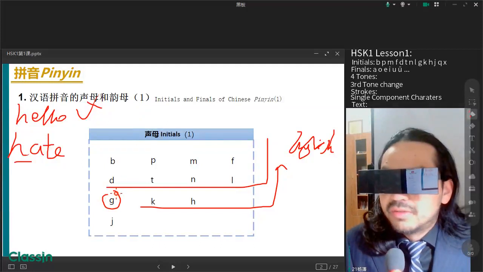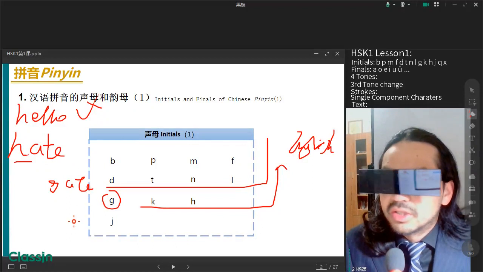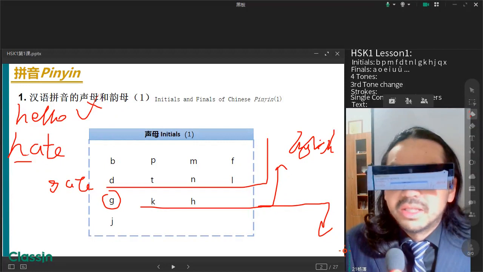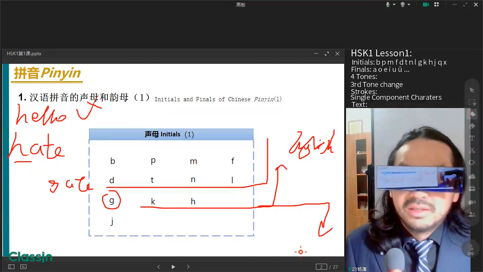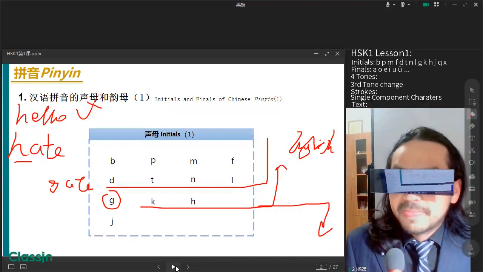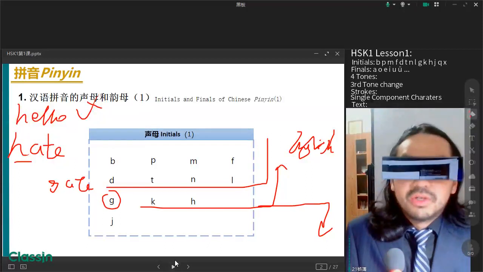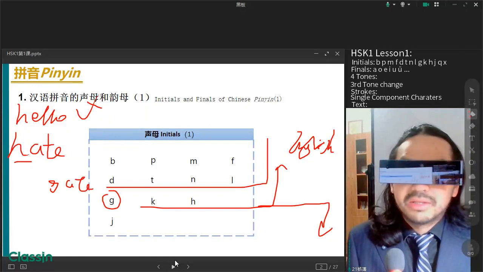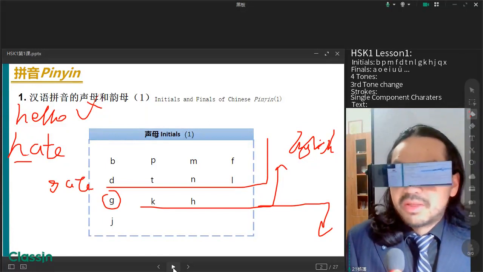Just be careful of this one. It should be like the g in gate in English. From here down, it will be a little complex for many foreigners, even some Chinese minorities who do not use Mandarin as their mother tongue.